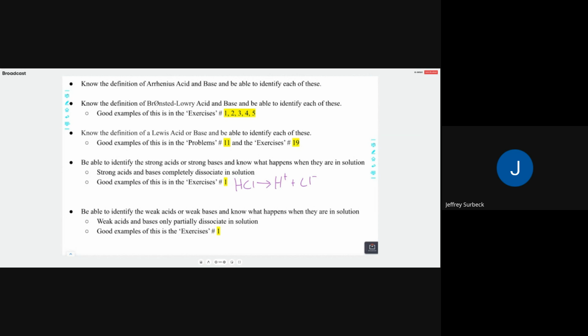A major thing here with a strong acid is that we have one arrow, one direction.